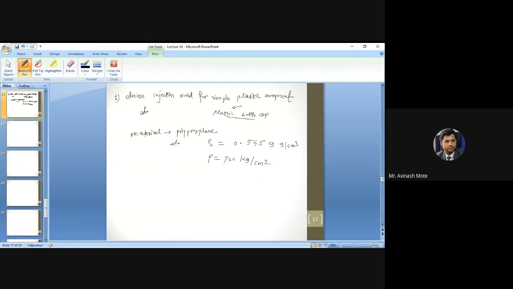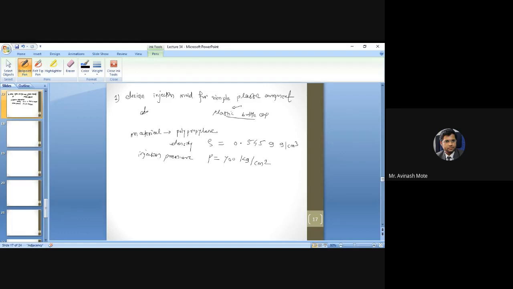This is the density, this is the pressure, rather specifically the injection pressure. What else is given? Okay, assume the required data. So let's calculate it.